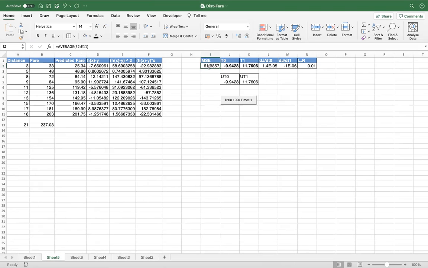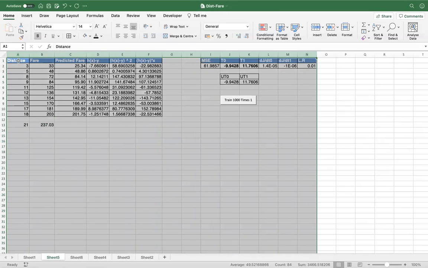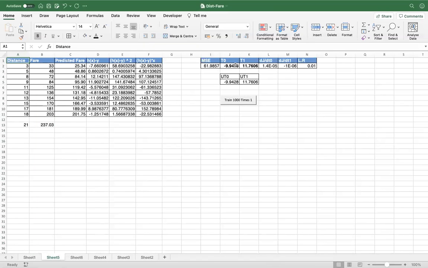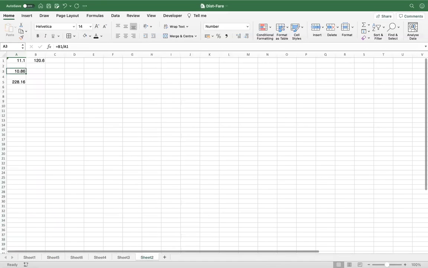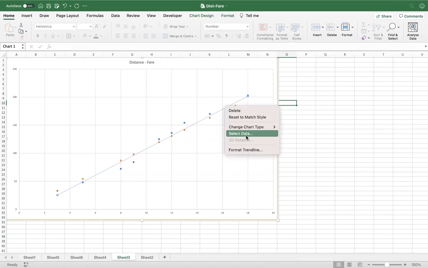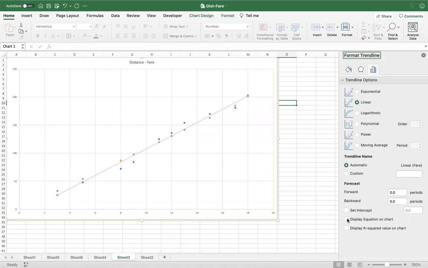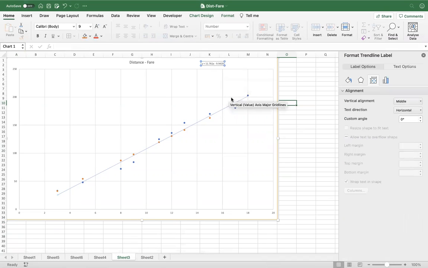Is this clear? Do you have any doubts on the process that we have used to calculate? No. So finally, if you go back to our graph, Microsoft will always create a trend line. There is also something called display equation on chart. If I do that, Microsoft will give you the equation of that best fit straight line.